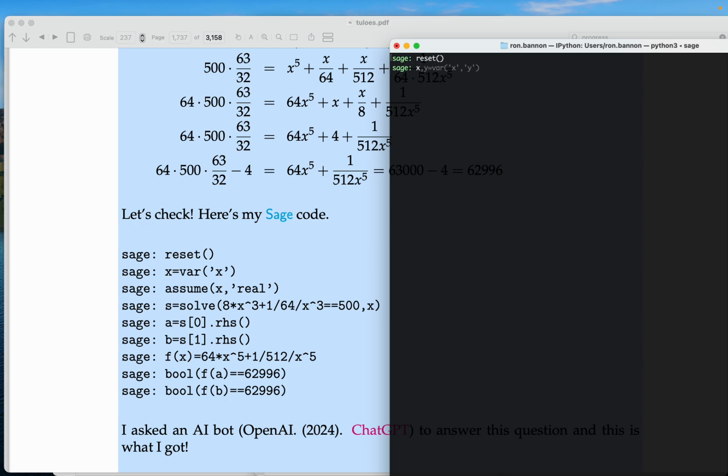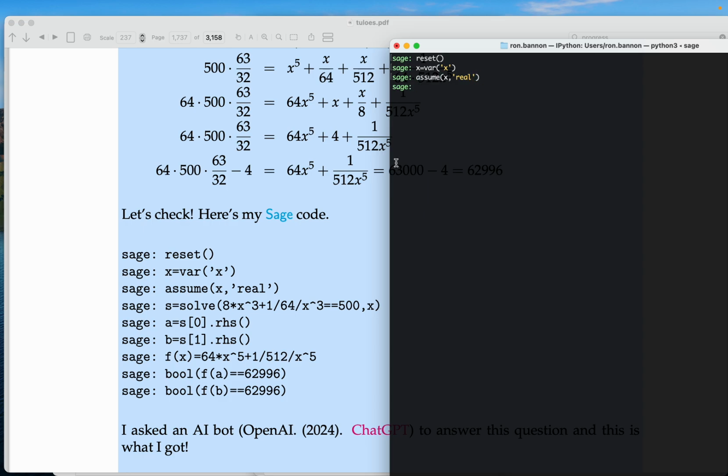I'm going to define a variable x, and I'm going to assume x is a real number. Make an assumption over here. All right? So x is real. That's an assumption. Why is that assumption being made? That's what they gave me in the problem.